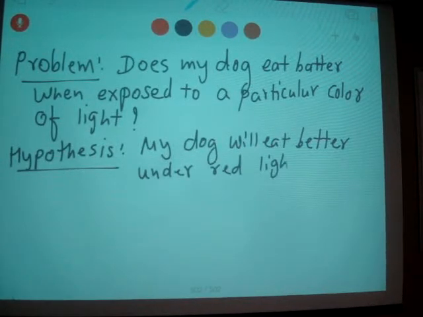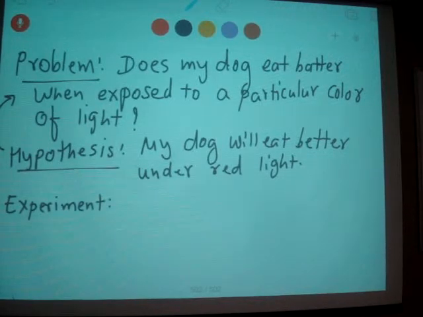Now that's their answer to this problem, right? So for that, what they need to do? Experiment, right? So their experiment, they set it up procedure.